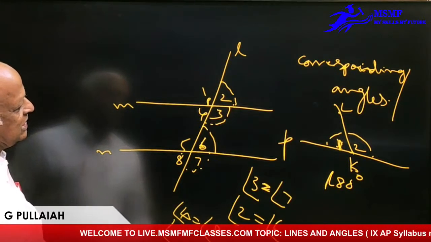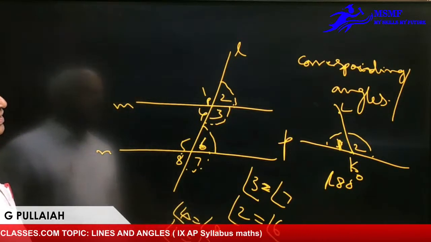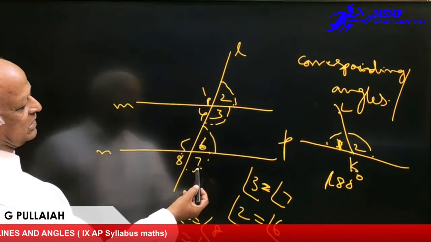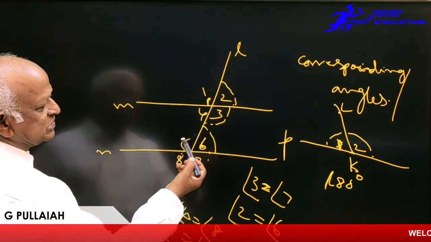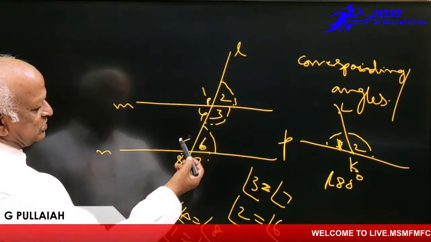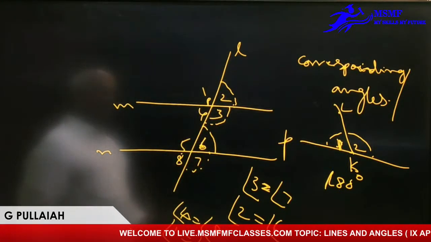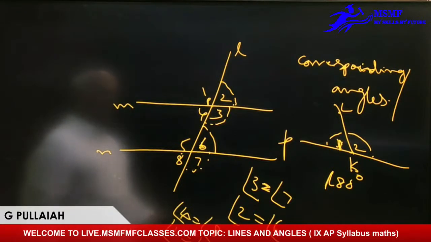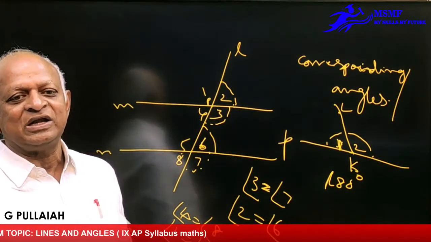And you can also say that angle 1 is equal to angle 5. So here 3 is equal to 7, corresponding angles. 2 is equal to 6, corresponding angles. 4 is equal to 8, corresponding angles. And 1 is equal to 5, corresponding angles. So if two lines are parallel, the corresponding angles are equal.